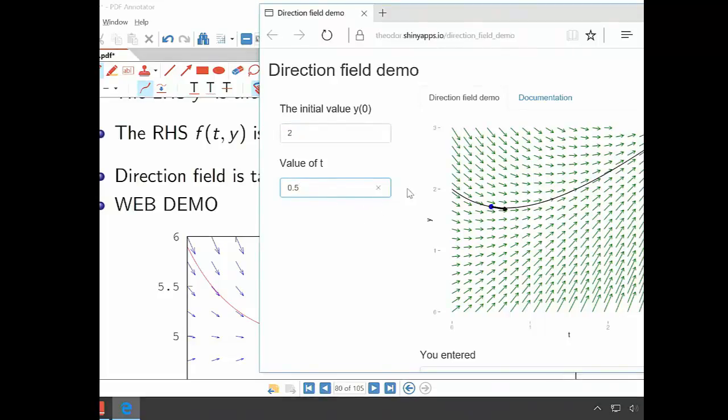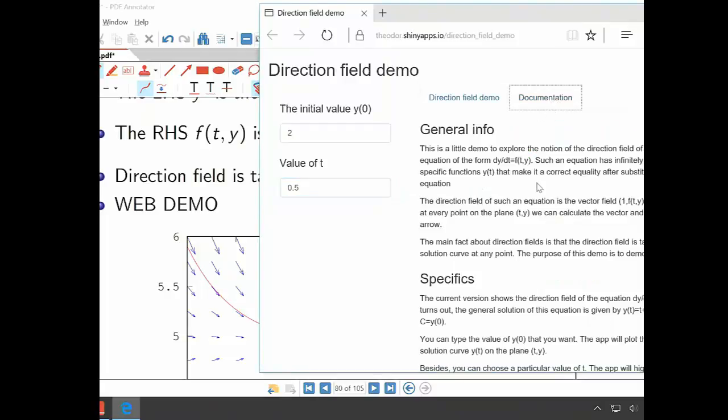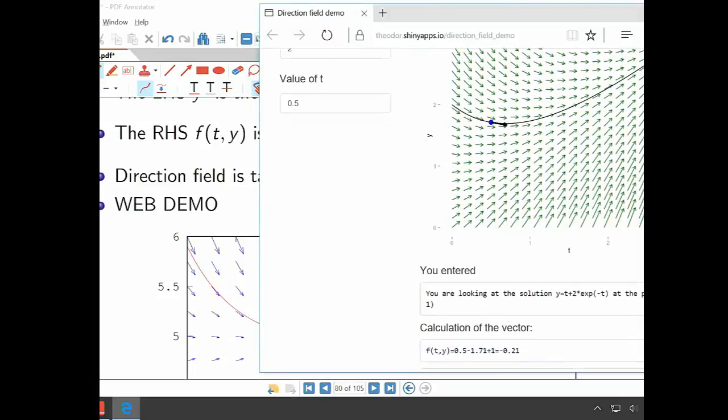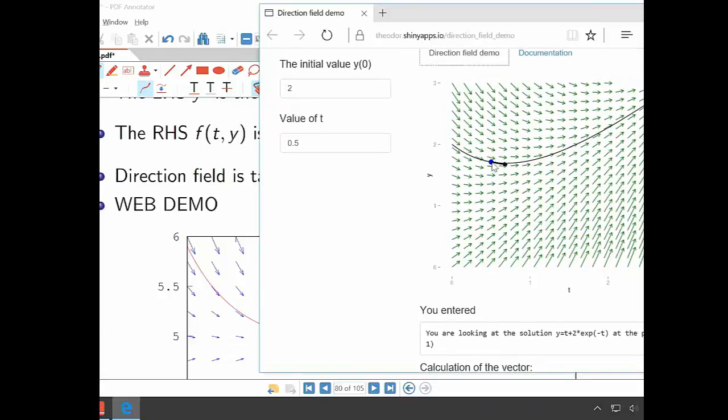Right, so it means that this system plots the differential equation. Here is the differential equation: dy dt equals t minus y plus 1. So it means that here our solution passes through the point where t is 1/2 and y is 1.7. So this blue point is 1/2, 1.7.